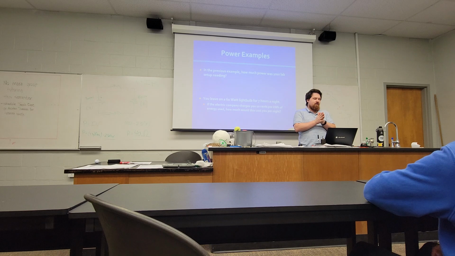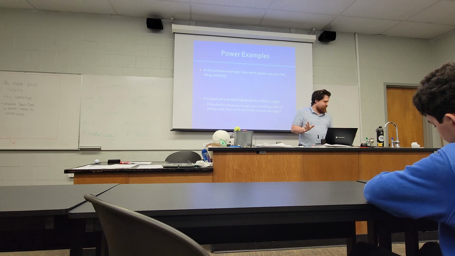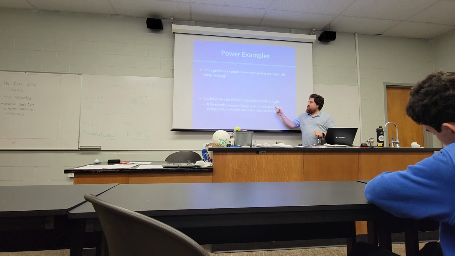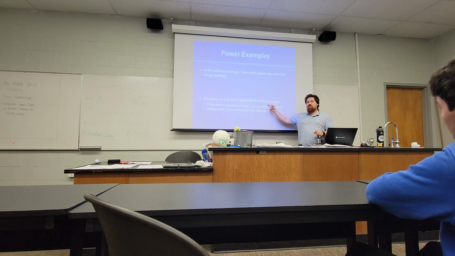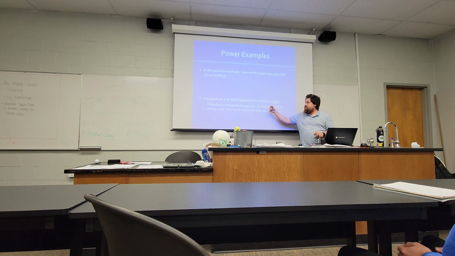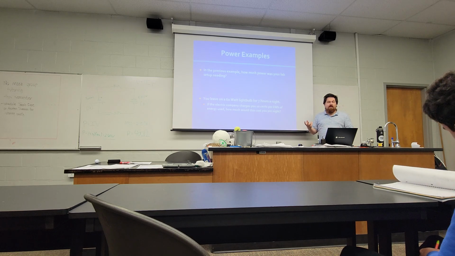But now I'm going to show you how to use that to calculate electrical bills. So, different question. You leave on a 60 watt light bulb for 7 hours a night. Now, 60 watts again means 60 joules every single second, and the joules is what you're getting billed for.